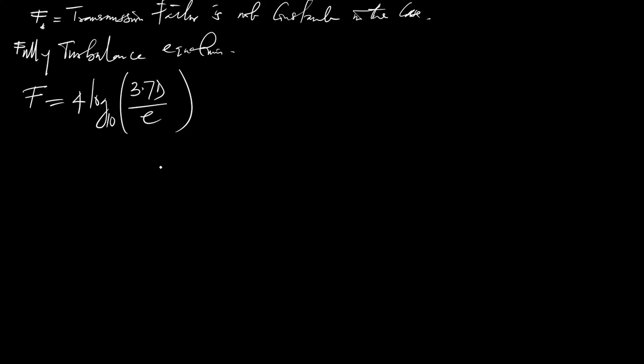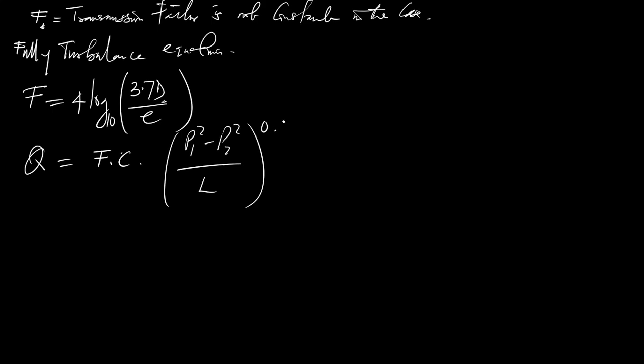Now, since F varies with respect to D, the flow formula will now be Q equal to F times C, which is a constant, bracket open P1 square minus P2 square divided by L, raised to power 0.5, times internal diameter raised to power 2.5.